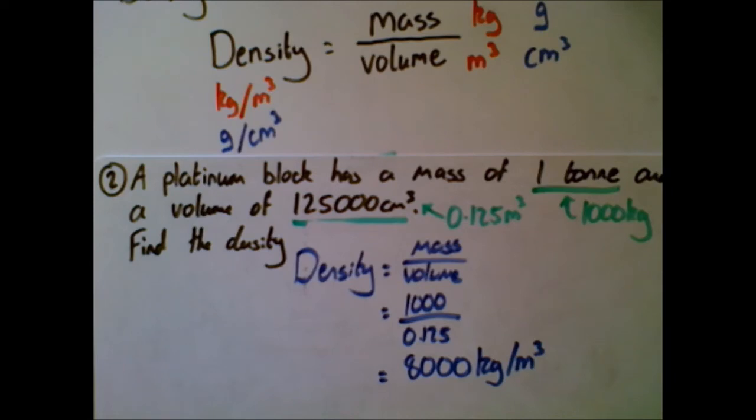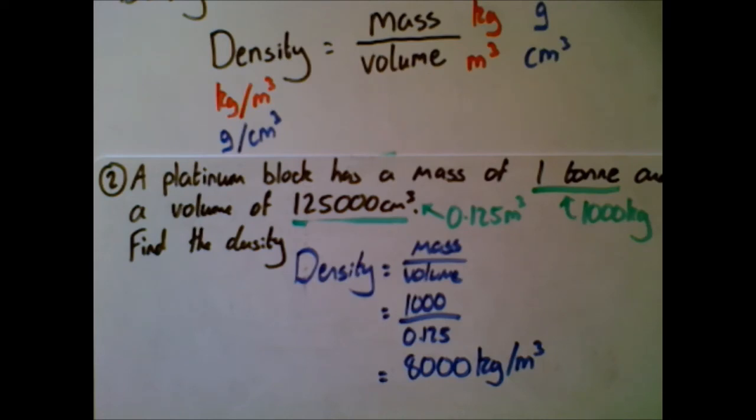Okay. Now, some applications and things worth knowing, just very, very quickly. I asked you at the end of the last video, how do you think the density of solids, liquids and gases compares? Well, as you might imagine, in a solid, you've got a lot of particles close together. So you've got quite a lot of mass in a small volume. Whereas in a gas, say, the particles are a lot more spread out.